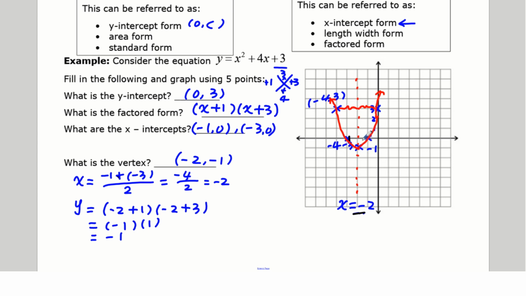You have the vertex, you have the 2 zeros, you have the y-intercept, and the symmetric point of the y-intercept. So the first point, second and third point, then the fourth point, and the fifth point is a symmetric point of the y-intercept.